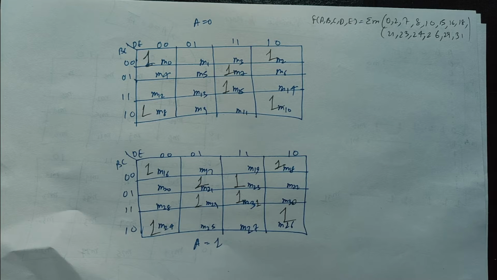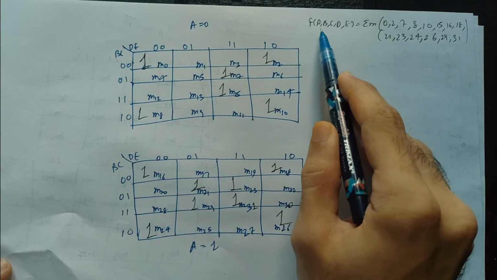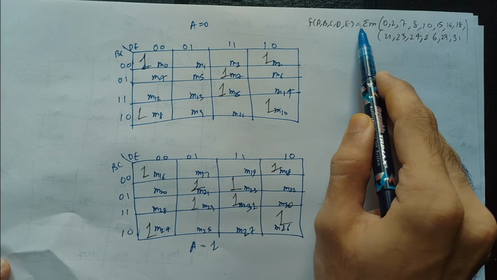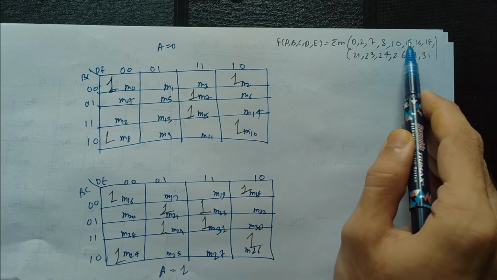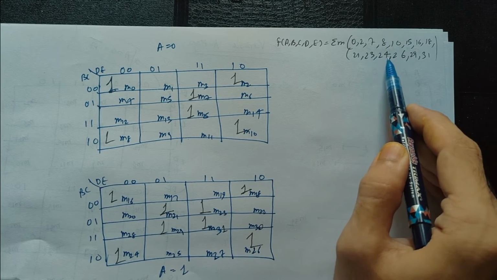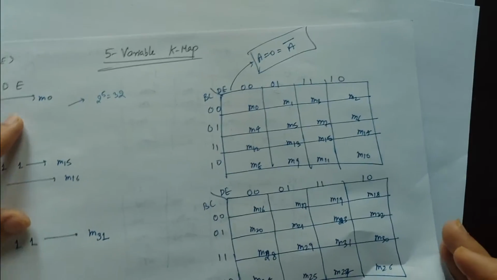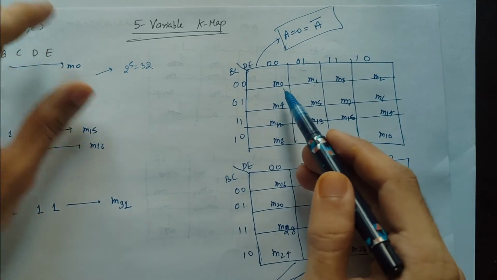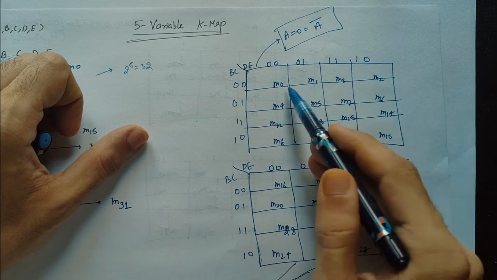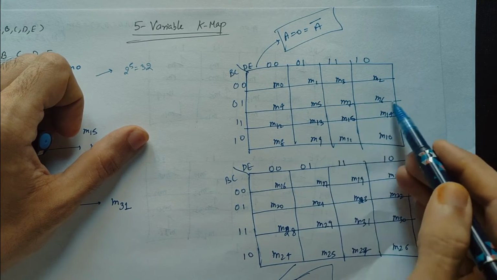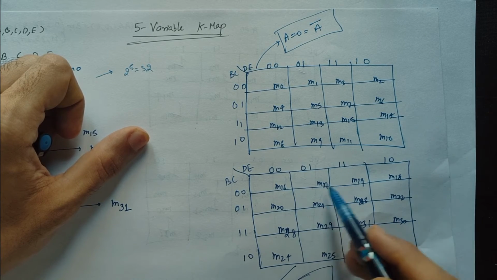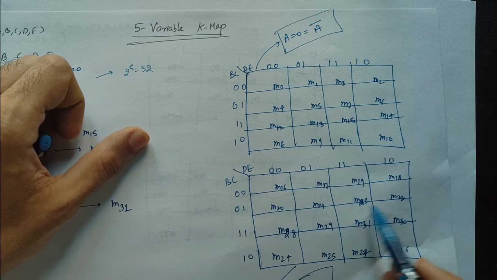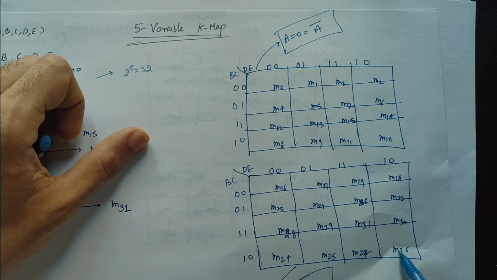Now let us see an example of a 5 variable K-map. Let's suppose F(A, B, C, D, E) is equal to the summation of minterms 0, 2, 7, 8, 10, 15, 16, 18, 21, 23, 24, 26, 29, 31. Now let me show how we will fill these minterms like we used to do earlier. M0, M1, M2, M3, M4, M5, M6, M7, M8, M9, M10, M11, and so on, then M16, 17, 18, 19, 20, 21, 22, 23, then 24, 25, 26, 27.